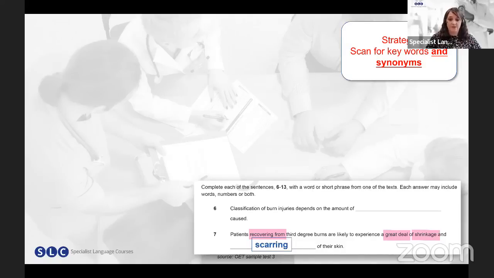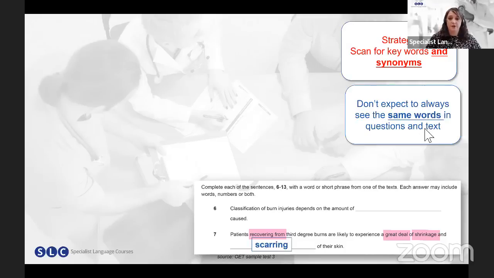However, as we'll see, you won't always see the same words in the question as in the text. So if you only scan for these keywords here, you may not find them and it may take you longer. So you need to scan for keywords and also notice synonyms or paraphrasing. So don't expect exactly the same words every time. You need to be aware of paraphrasing.